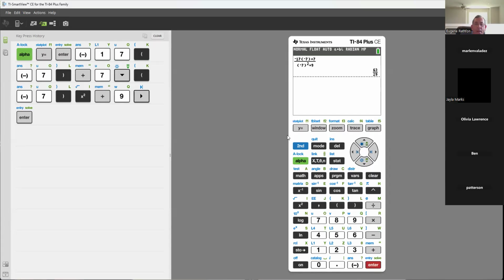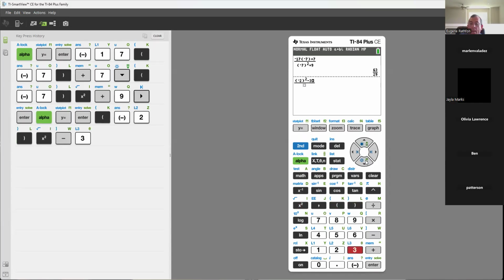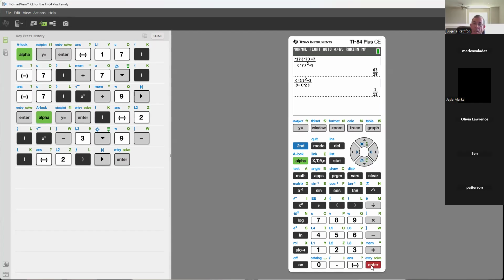If you use alpha y equals and enter and use the fraction bars, let's put in -2, square that, -3, and then on bottom, I get 9 minus -2. If you punch it in like a fraction on the calculator, when you hit enter, it's going to give you 1 over 11.